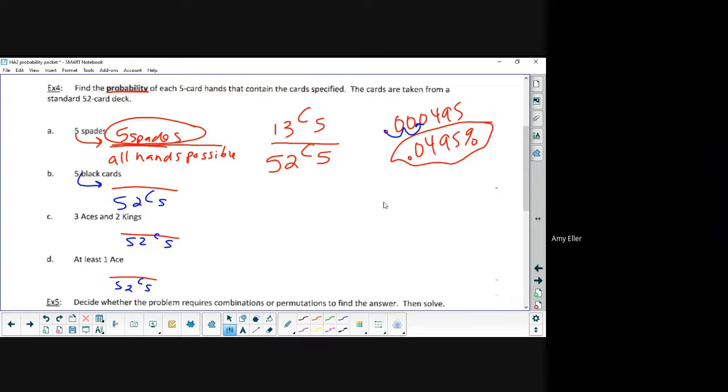Jonathan, what do you think I would have for the numerator? 26 choose 5. Yes. There are 13 spades and 13 clubs, which makes 26 black cards. I got to pick all 5.